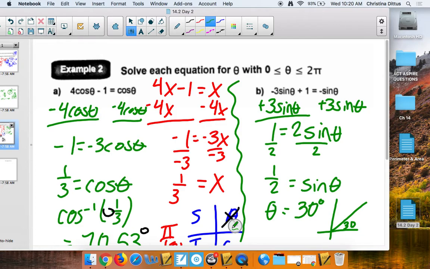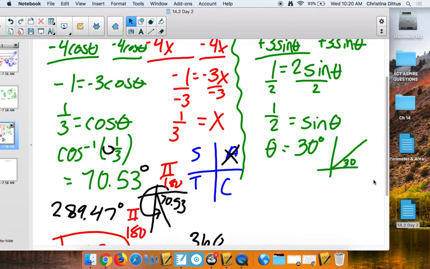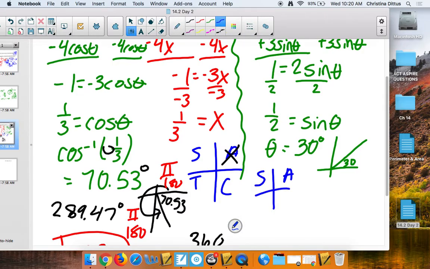Good through there? So 30 degrees is my reference angle. I have my All Students Take Calc. We are looking at sine. I have 30 degrees, which is in my quadrant 1. Yep, so we got our angle there.